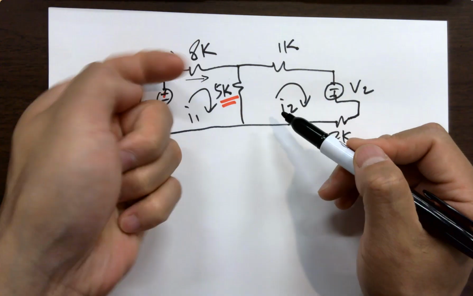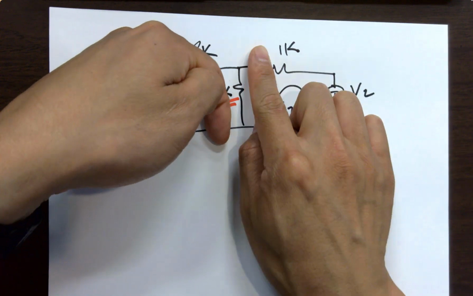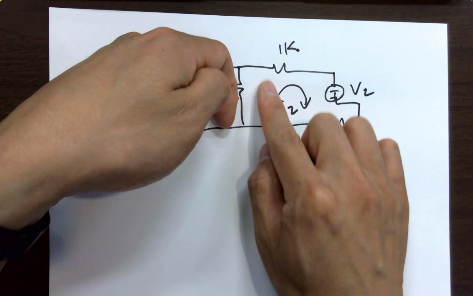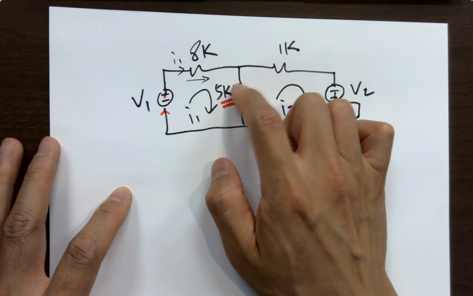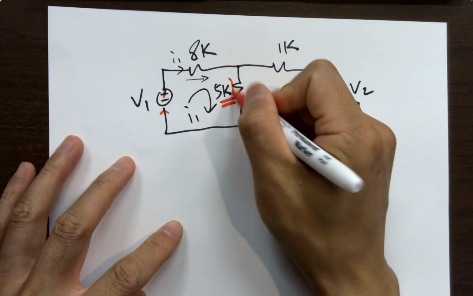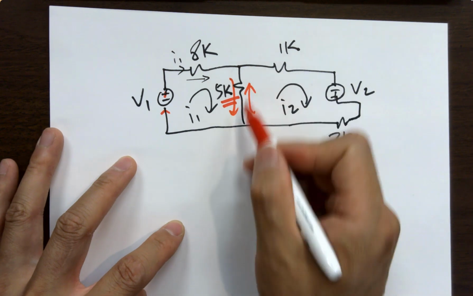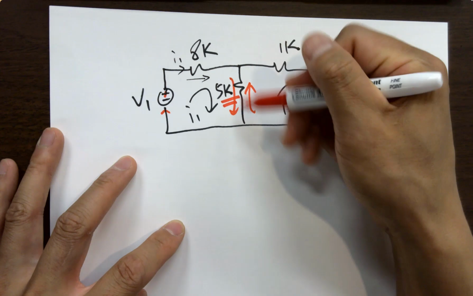So I1 flowing down and I2 coming back flowing up. So it's a combination of these two currents for the physical current that flows through this 5K. That's why I call it a virtual current. So I1 flowing down, I2 flowing up. So I2 is trying to cancel I1 from top to bottom.